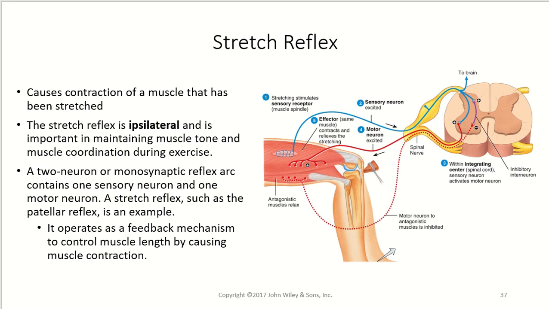And a stretch reflex, such as the patellar reflex, is a really nice example. So it's going to operate as a feedback mechanism to control muscle length by causing muscle contraction. So this stretch reflex is what they're testing when you go to the doctor's office and you sit on the table and they smack your knee with that little rubber hammer. That is the patellar reflex, and that is a type of stretch reflex.